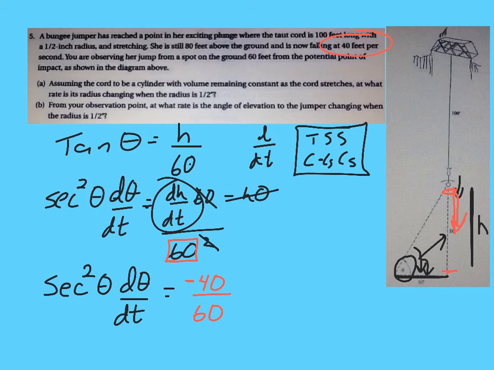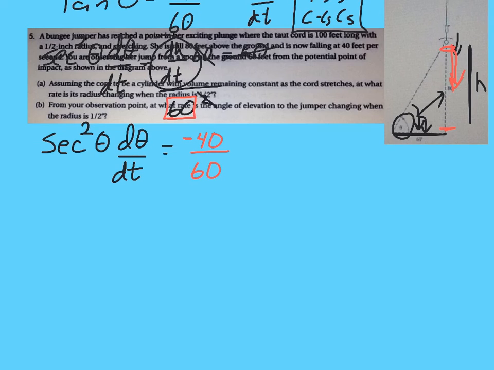Now we really just want to rearrange this to solve for d theta. So I'm going to slide this up. Okay, let's find d theta dt. So let's keep going. I'm going to rewrite my secant. So this becomes really 1 over cosine squared theta, d theta dt.